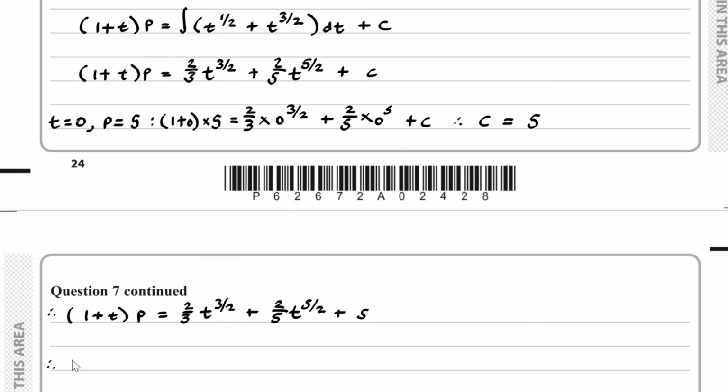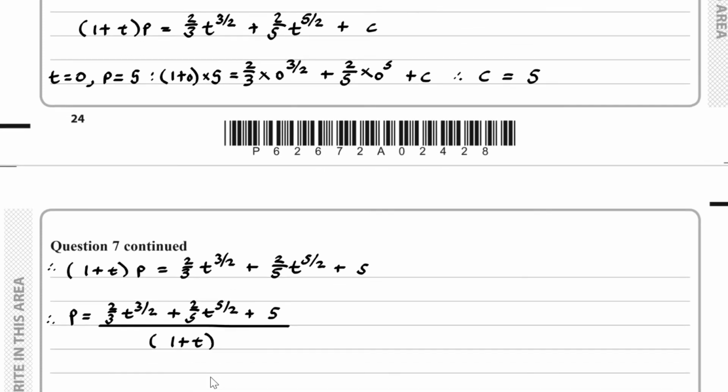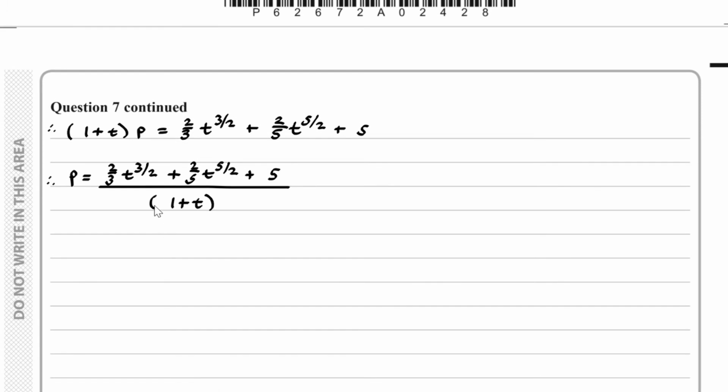And therefore p is equal to, if we divide through by 1 plus t, 2/3 t to the 3/2 plus 2/5 t to the 5/2 plus 5, and then we divide this entire thing by 1 plus t. So this is our particular solution for the general equation.